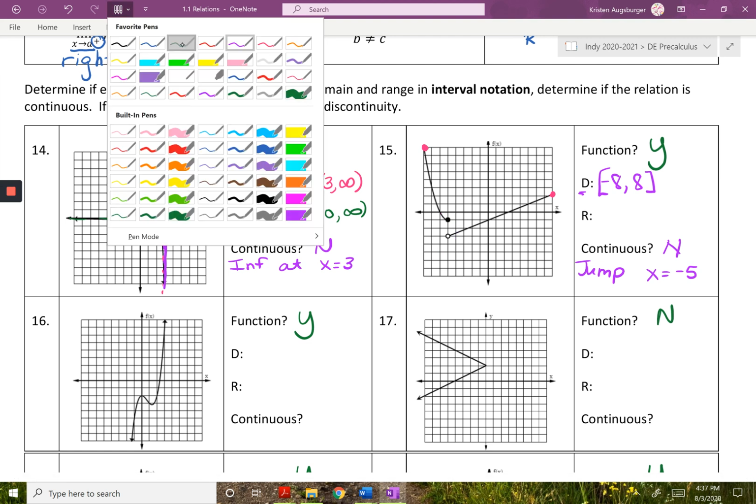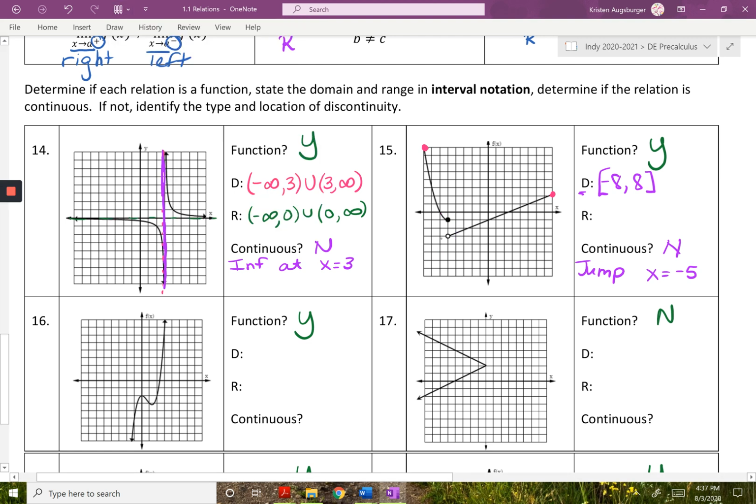So what would the range of this be? Look at this. Does it actually hit negative 3? A parenthesis. There are 2 pieces. But if you look here, this piece goes all the way to here.